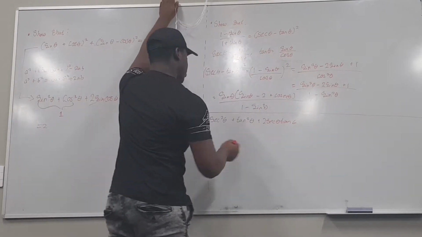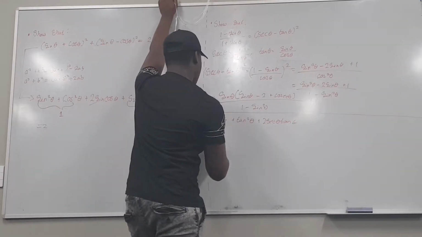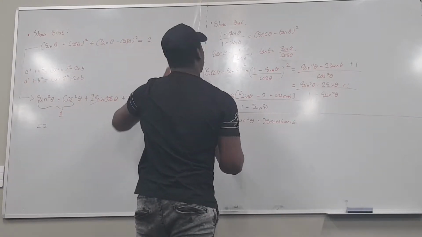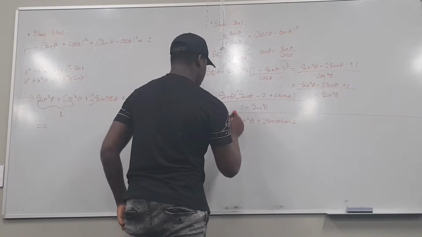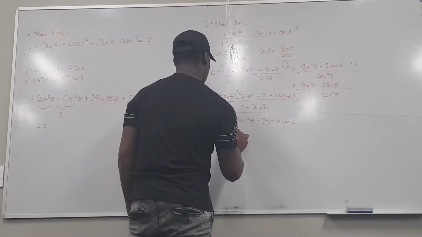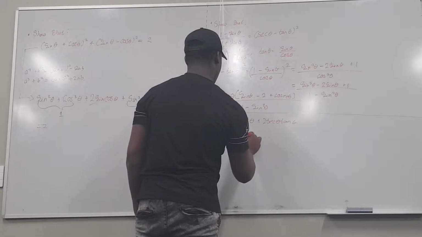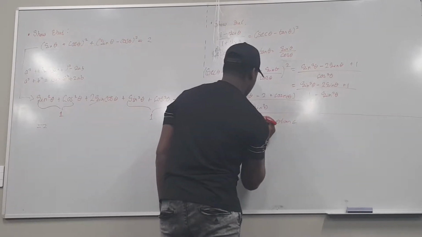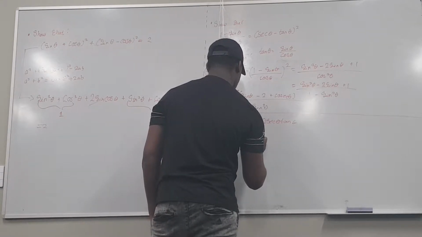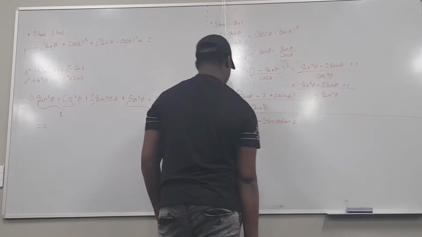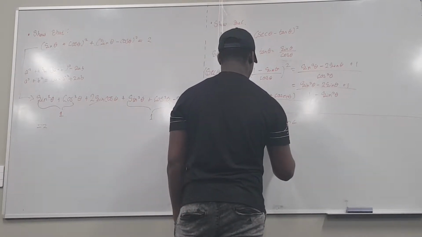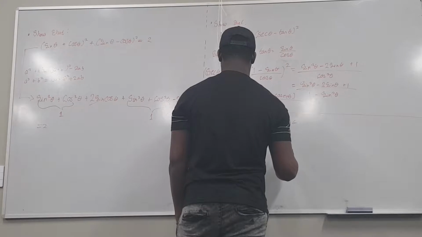And we know sec squared theta is equal to 1 plus tan squared theta, so going straight to the point, 2 tan squared theta minus 2 sec theta tan theta plus 1.